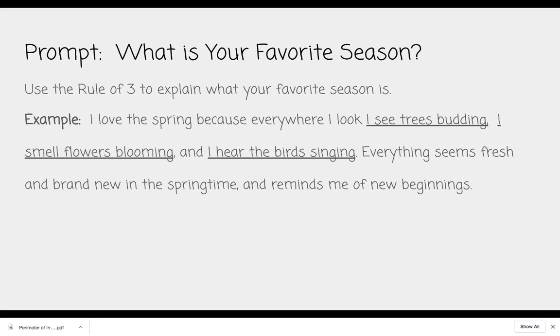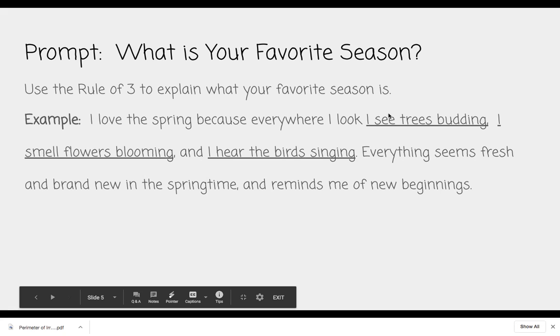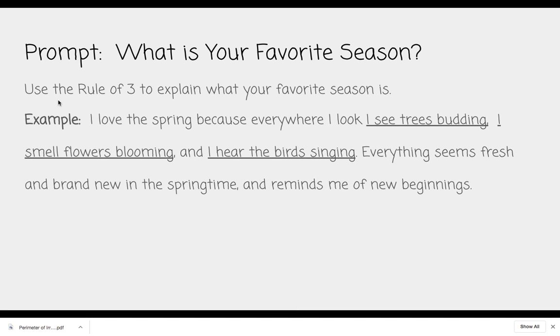So even though I used two sentences, you can write as many sentences as you want, you can see I underlined the areas where I used the rule of three to make my writing more interesting. And I even used three senses. So instead of just saying I saw something, I used I saw, I smelled, and I heard. So I even used the rule of three with senses.